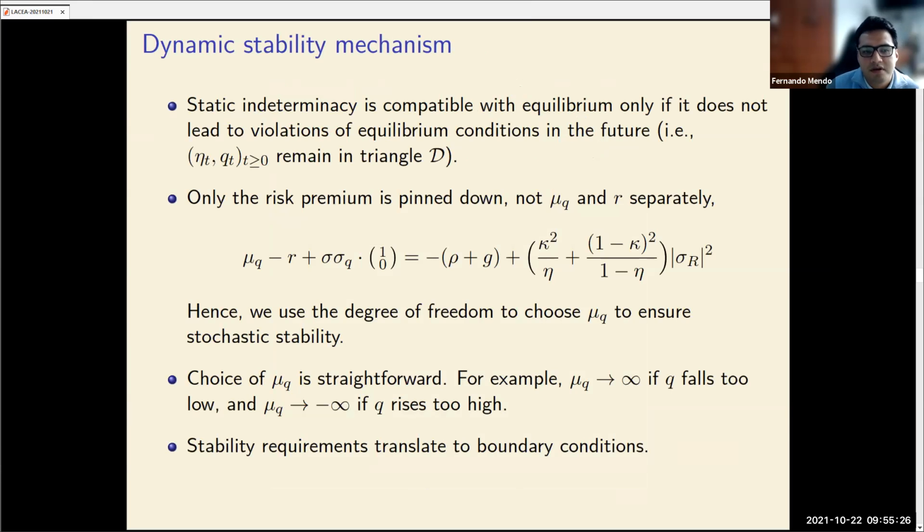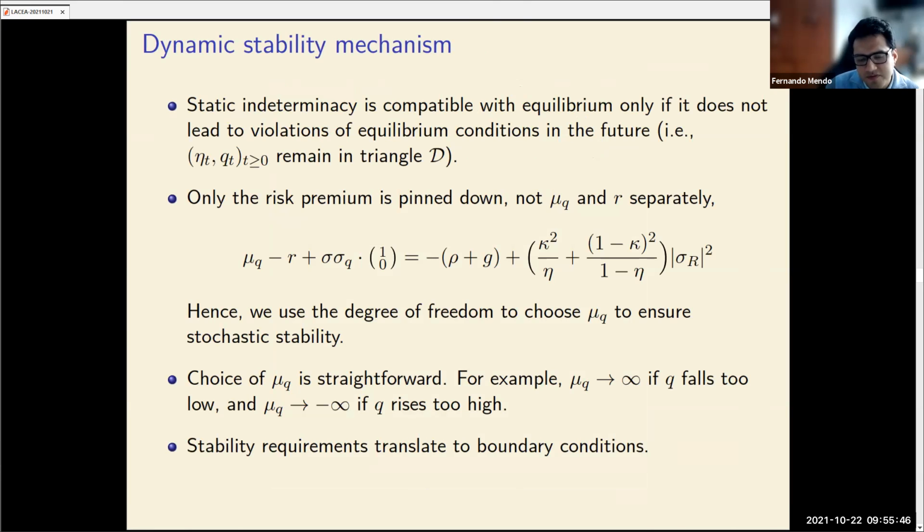Why? Because the set of equilibrium conditions is only going to discipline the risk premium, but not the expected return on capital and the risk-free interest rate separately. So you have 1 degree of freedom when you construct this equilibrium that you can use to provide this dynamic stability.